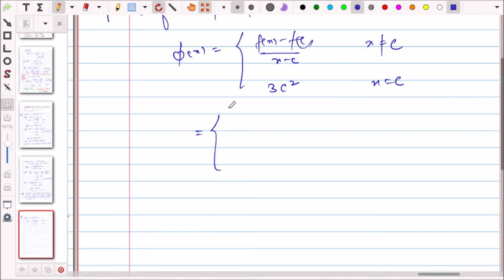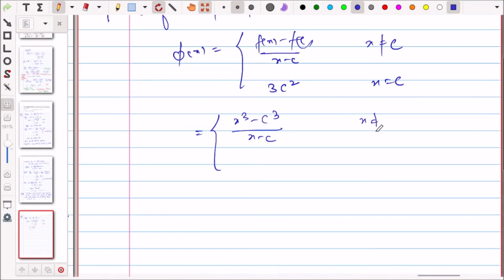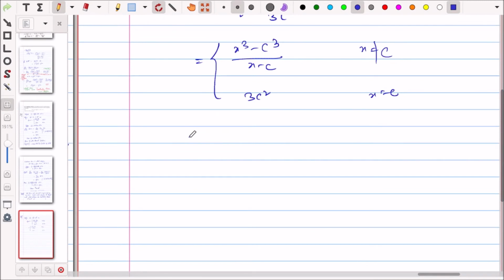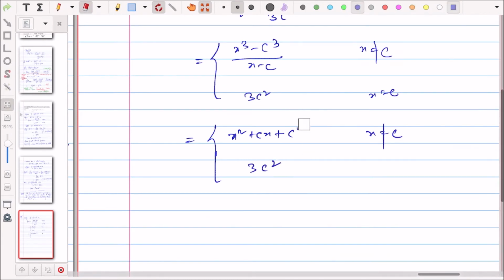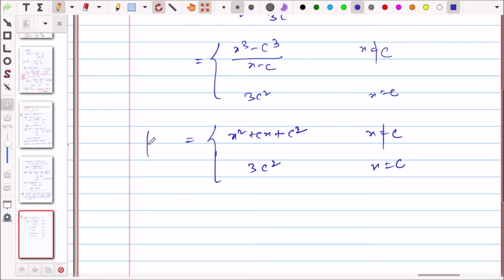So this is equal to (x cube minus c cube) upon (x minus c) when x is not equal to c, and 3c square when x is equal to c. What will this become? x square plus cx plus c square, and it is 3c square. Sir, c square will come. Yes, this is right. So this is your desired function phi.